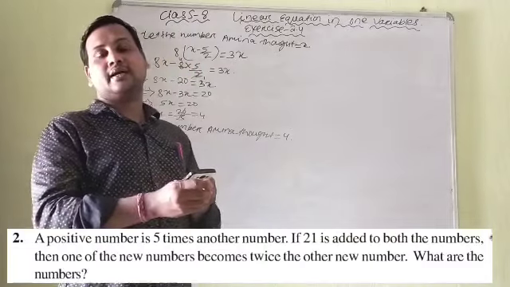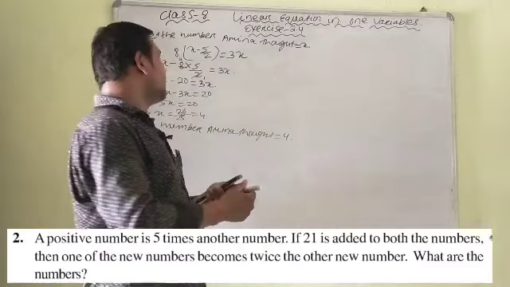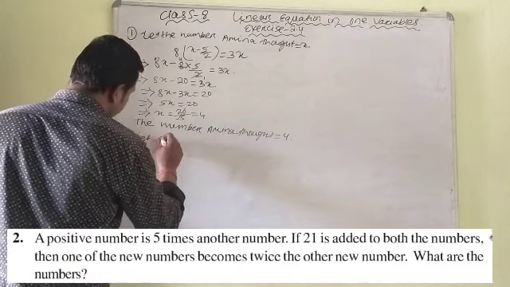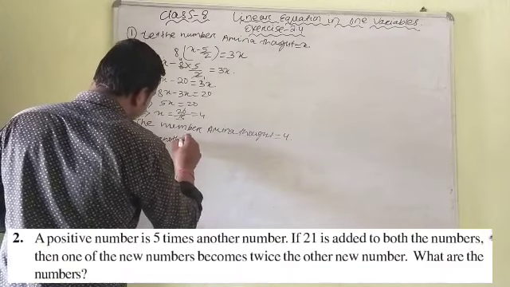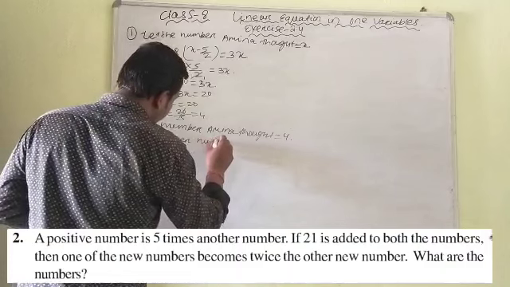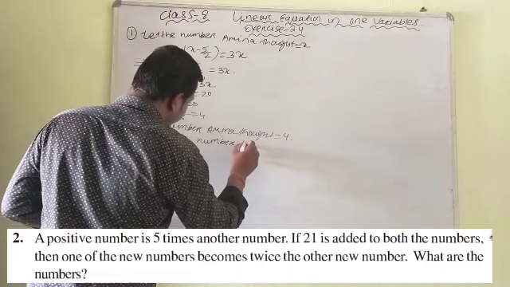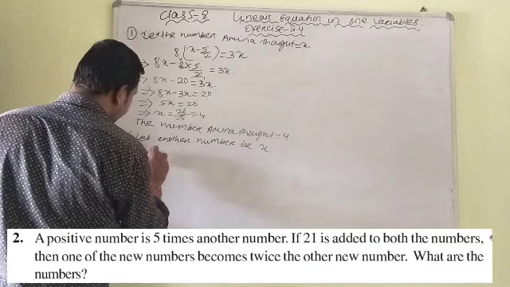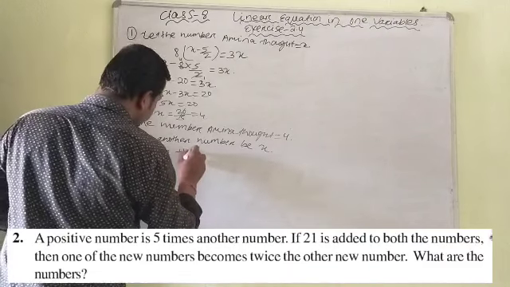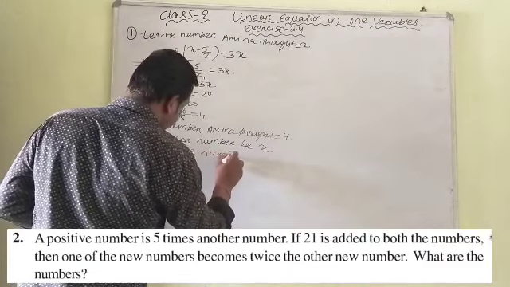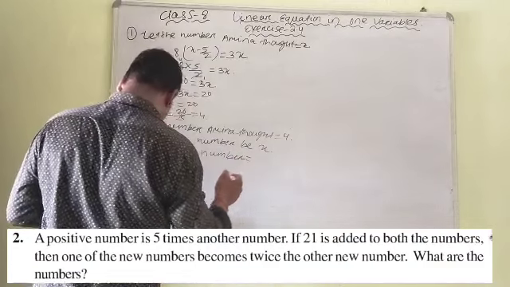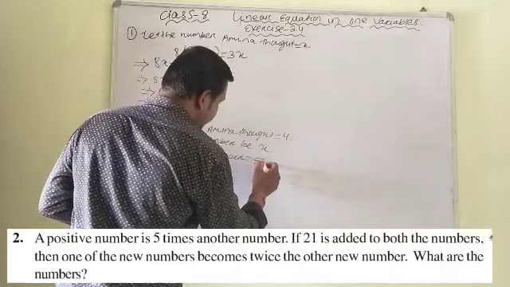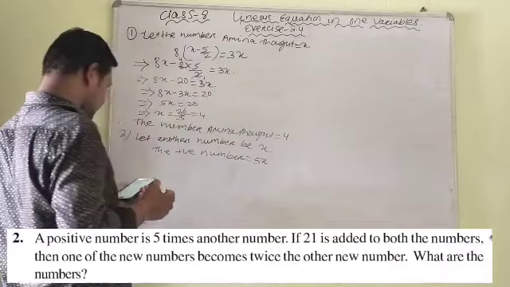So we will take here, let another number be x. Then the positive number is equal to 5 times, so 5 times of x is 5x.